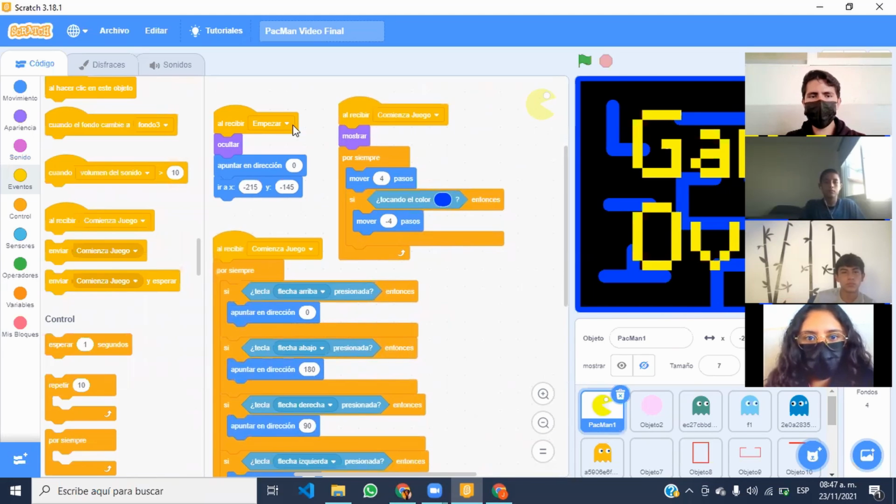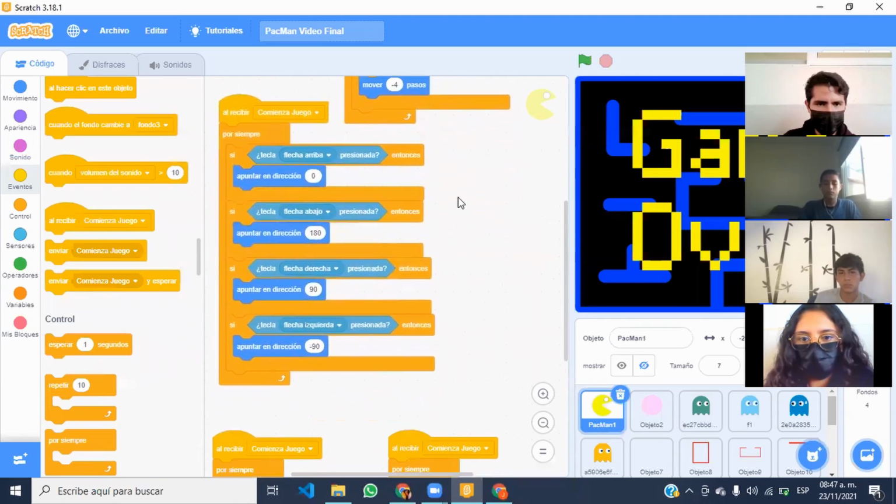When the game starts, it shows the main characters, like the points or Pac-Man. In this part of the object Pac-Man, when the game starts, the Pac-Man starts moving, and if it touches the blue part, it is going to move backward until the Pac-Man moves in another direction.